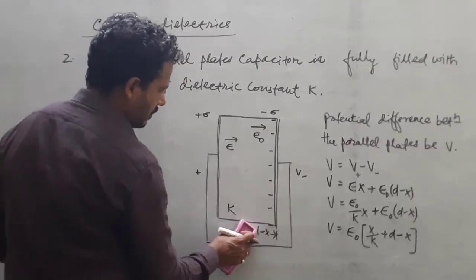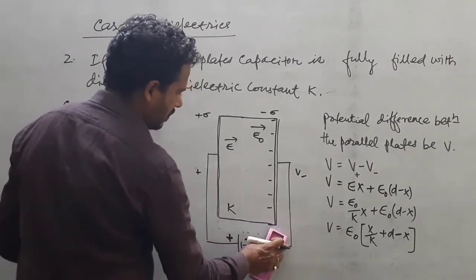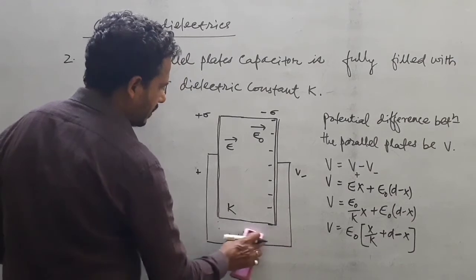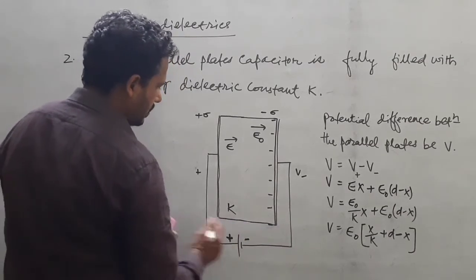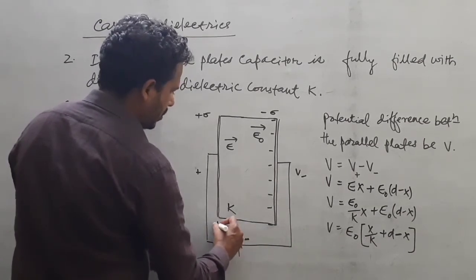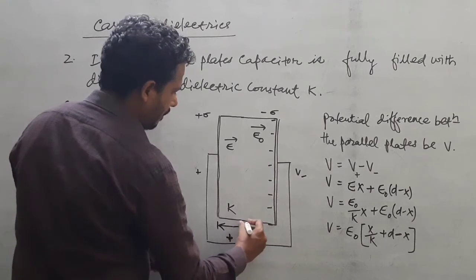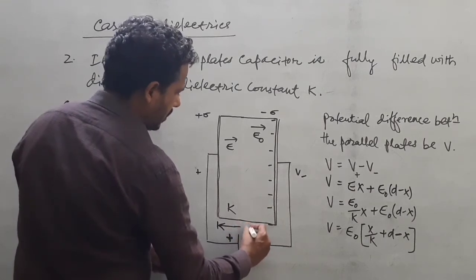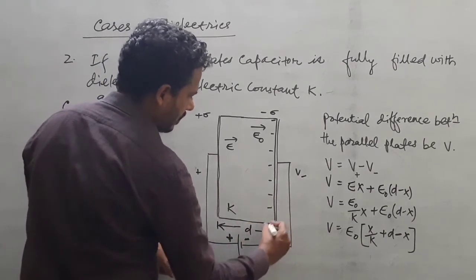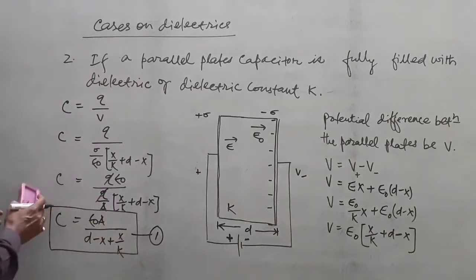So the thickness of the dielectric is the separation of the parallel plates, that is D. How will you tackle this one?